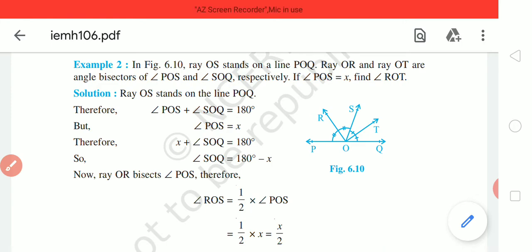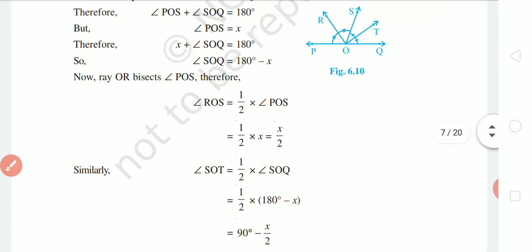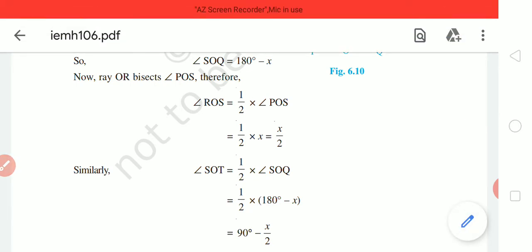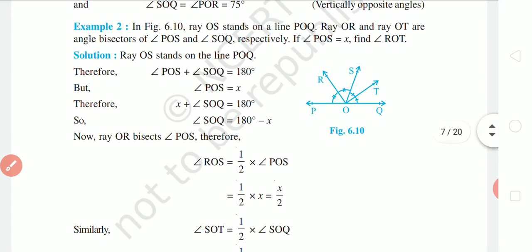I told you this angle is half of X. If this whole angle is X, this angle is half of X, and this is also half of X. So these are X by 2 and X by 2, right? Now similarly we can find from here, this is angle SOT.